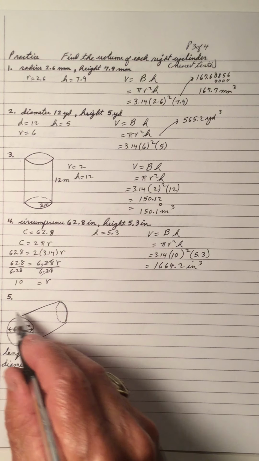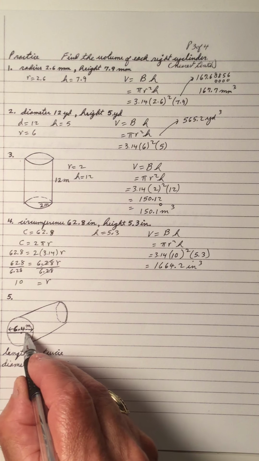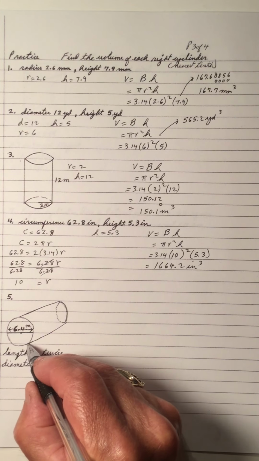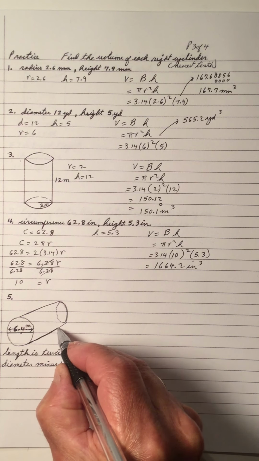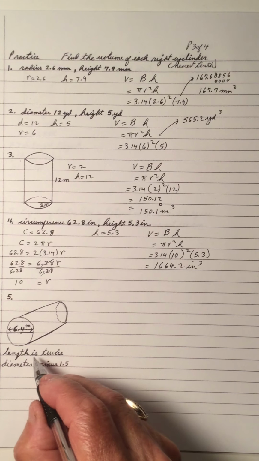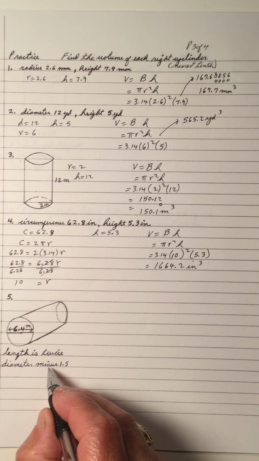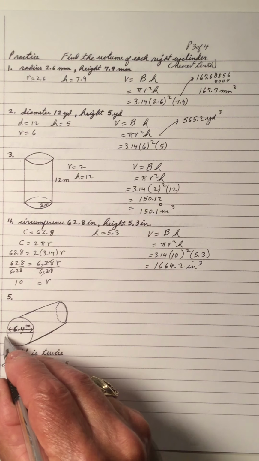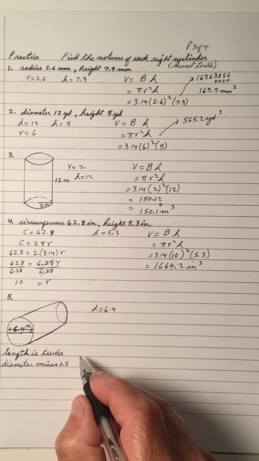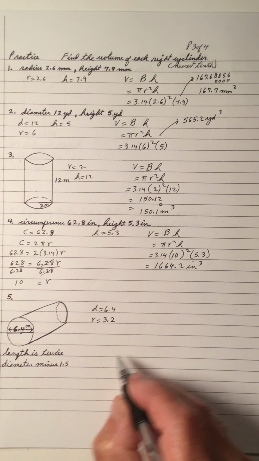Number 5, we have a cylinder. And the cylinder looks like it has a diameter of 6.4. It says the length, and they must mean the length is this, which is the same as the height. The height is twice the diameter minus 1.5. We have a diameter of 6.4, and that means the radius is half of that, 3.2.